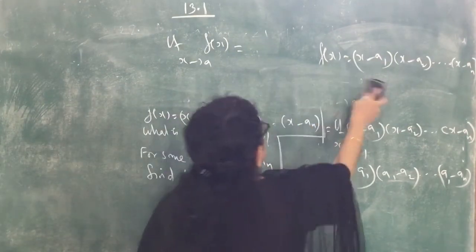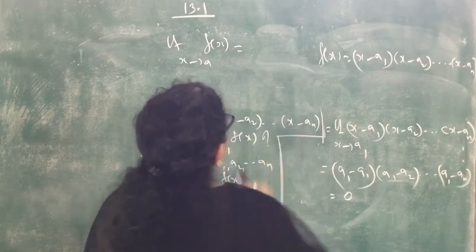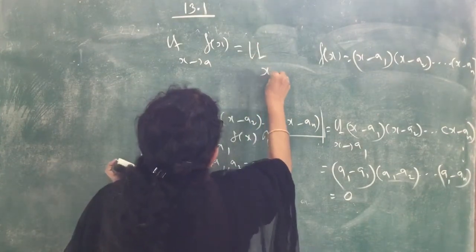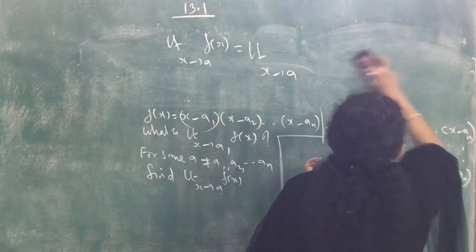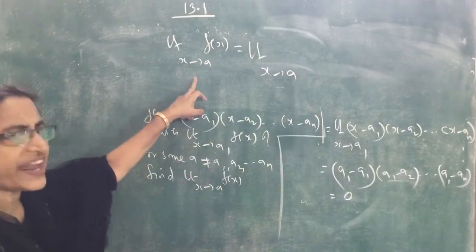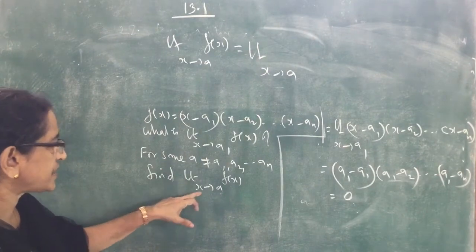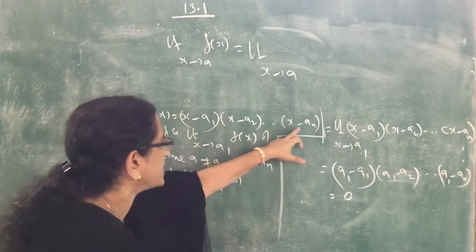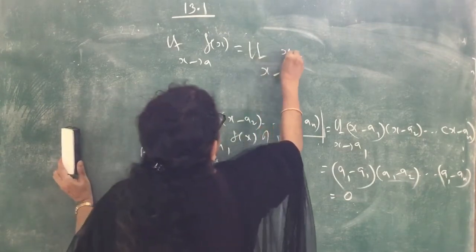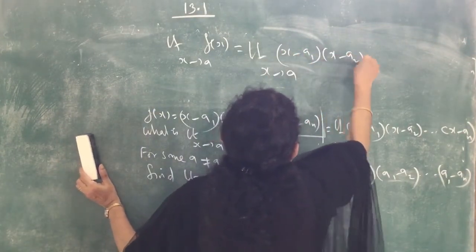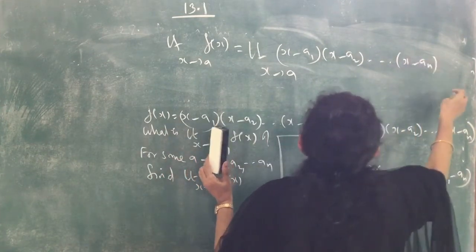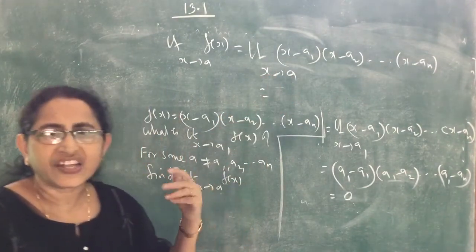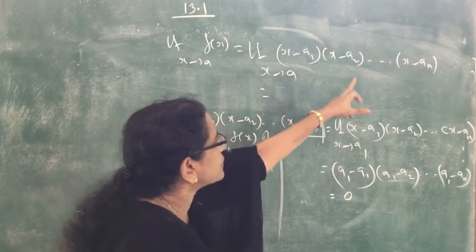So this is the function f of x. The limit x tends to a of f of x, this is what we want to find, equal to the limit x tends to a of the given function, x minus a1 into x minus a2, etc. Now the method is to substitute x equal to a everywhere.